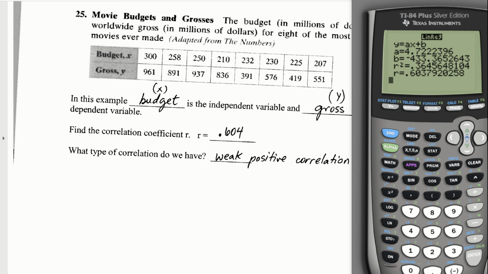The benchmarks themselves for what separates strong from weak to no correlation are kind of vague, and oftentimes it depends upon the discipline, whether you're looking at things like the natural sciences versus the social sciences. For us, we will tend to take the viewpoint that anything 0.9 or higher in absolute value will be strong.